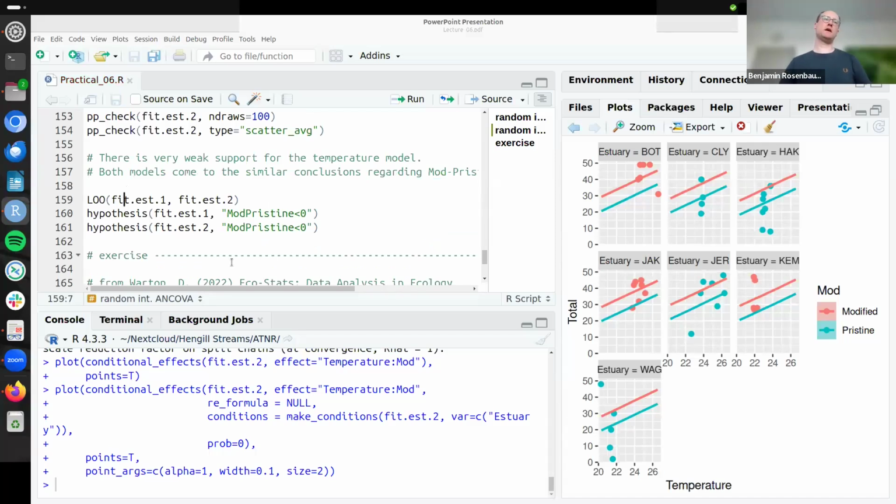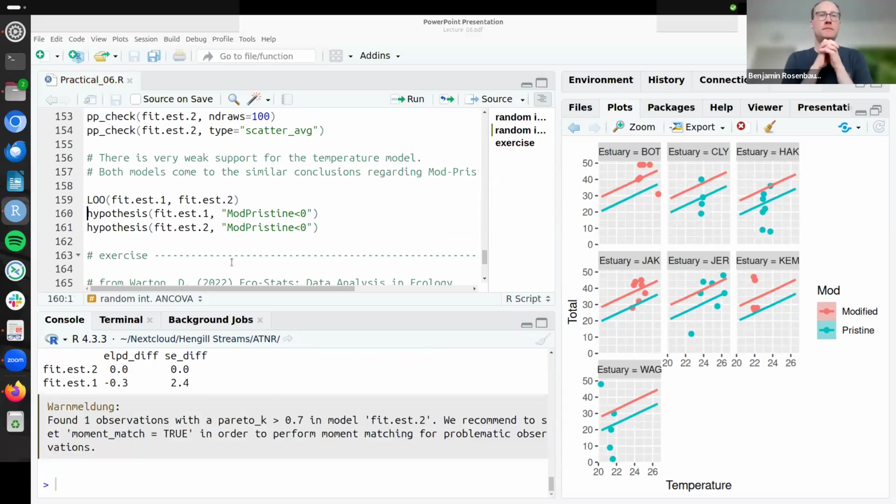First, we could make a model comparison between both of these models to see if temperature actually has an effect. And here in this case, the temperature effect is really small. So you can decide to include it or not. Going back to our original question, is there a difference between modified and pristine even after accounting for temperature?